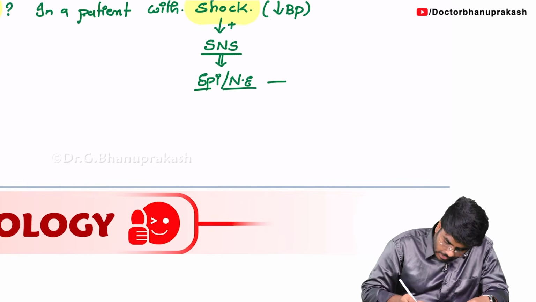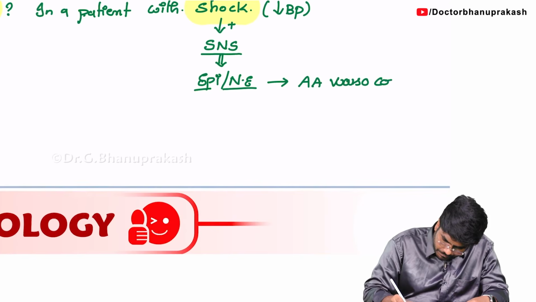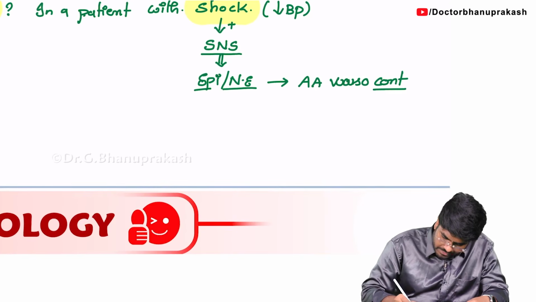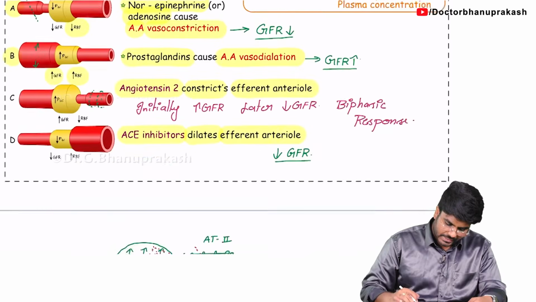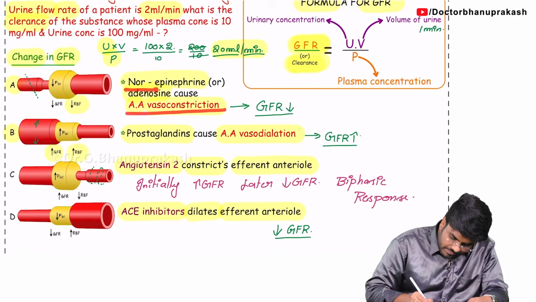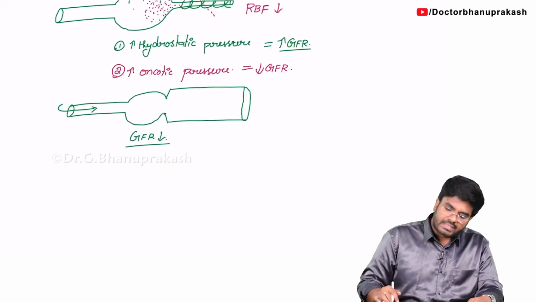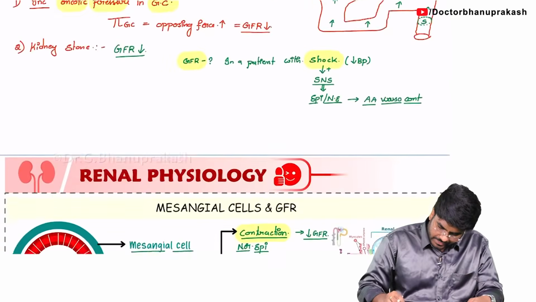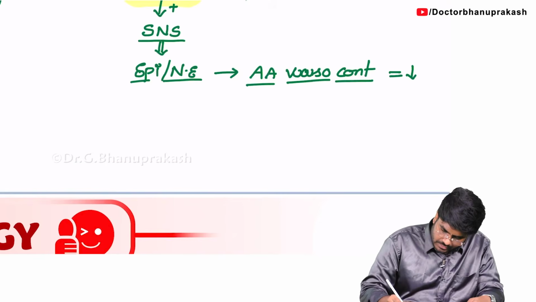They will cause afferent arteriolar vasoconstriction. Have I already taught you who causes afferent arteriolar vasoconstriction? Look here, guys. I have shown you afferent arteriolar vasoconstriction is done with the help of sympathetic neurotransmitters like epinephrine and norepinephrine. So what do you think will happen to the GFR? GFR will be less. So right here, in a patient with shock, there is afferent arteriolar vasoconstriction, so there is decreased GFR.